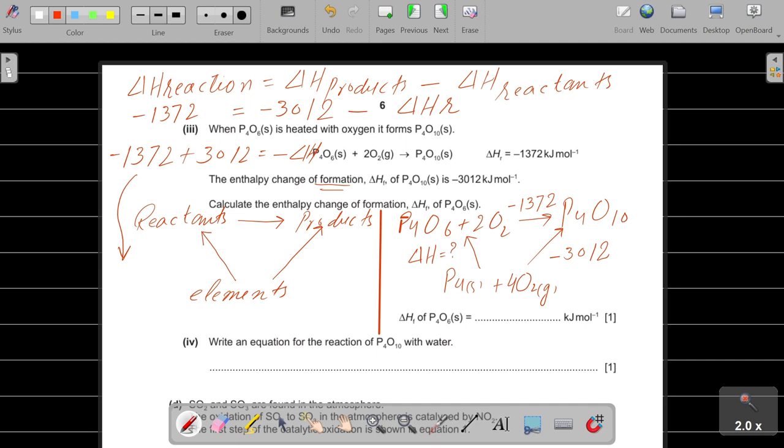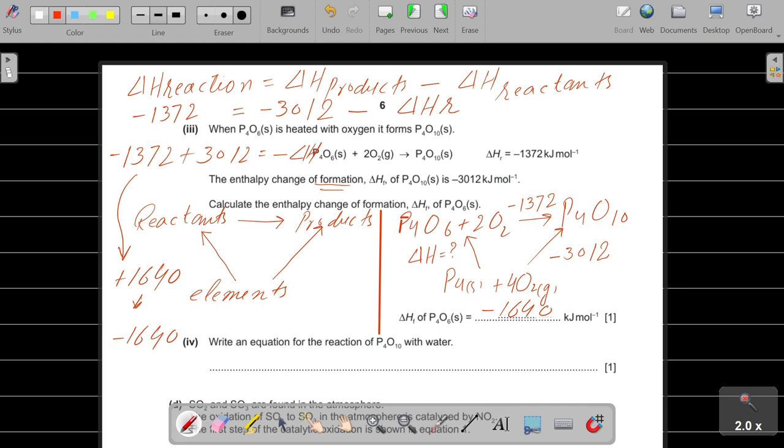Minus 1372 plus 3012, we will get positive 1640. But here you can see we have this negative sign, so your answer will become negative 1640. So your answer is minus 1640. I hope you got this question.